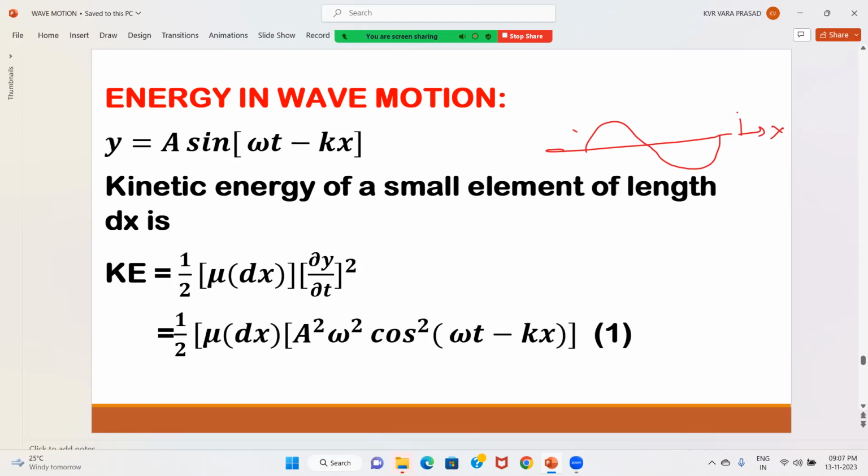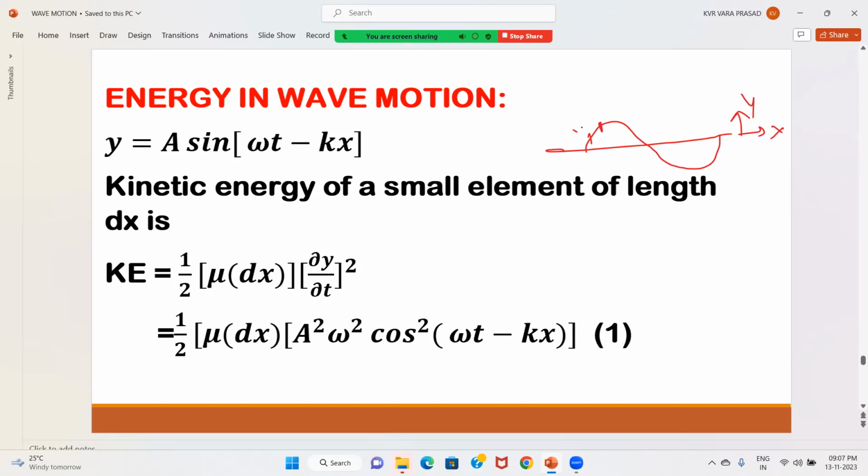This is x and this is y. The string is along the x axis and the string vibrates along the y axis. Let us consider one small element on the string.